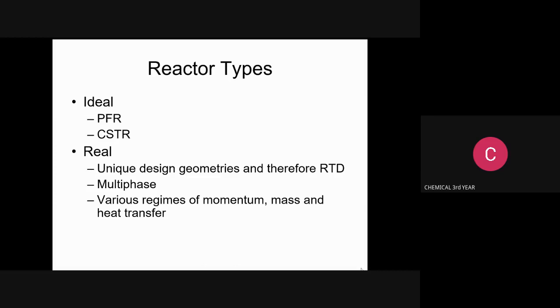T means tank, and R means reactor. Continuous stirred tank reactor. This is the one we have to study in deep level, and it is mostly used in industries.